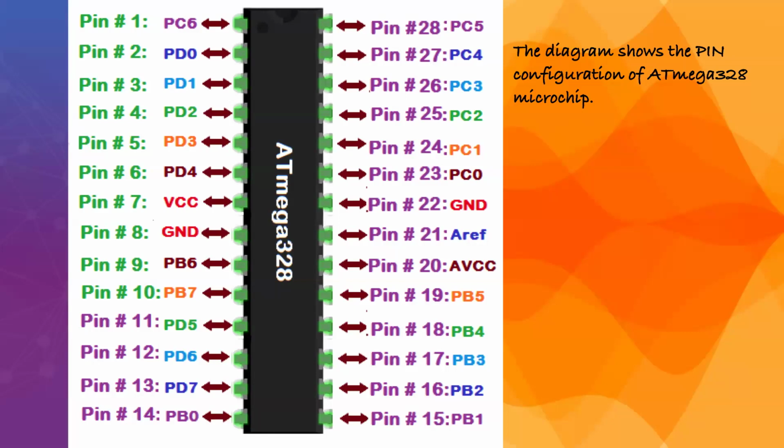Then comes PB6, PB7, PD5, PD6, PD7, PB0, and in the same manner the right pins are also denoted. So this is how the pin configuration of the ATmega328 looks.